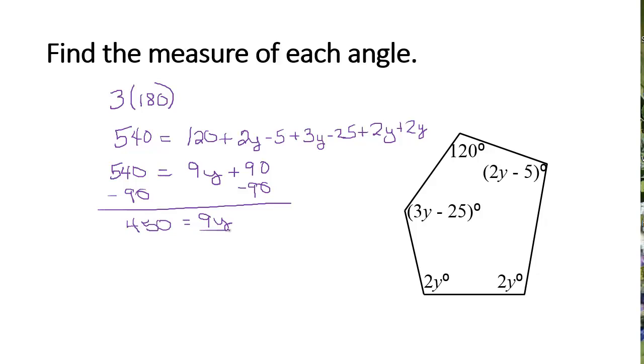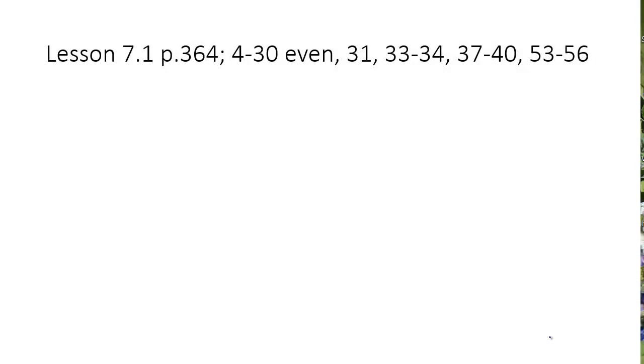Dividing by 9, y becomes 50. So we have 100 degrees here. 3 times 50 is 150, minus 25 is 125. 2 times 50 is 100, minus 5 is 95, and our 120 was given. There's the assignment.